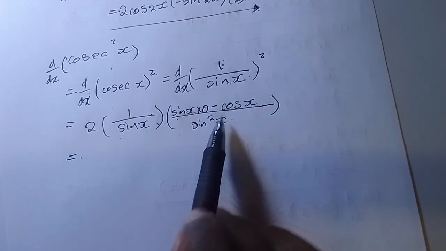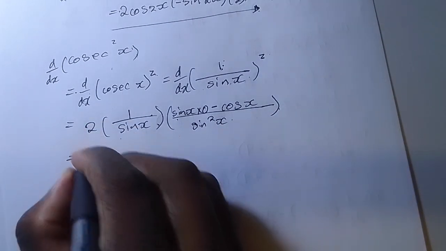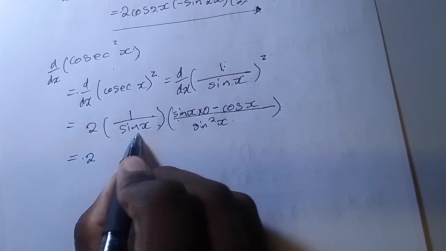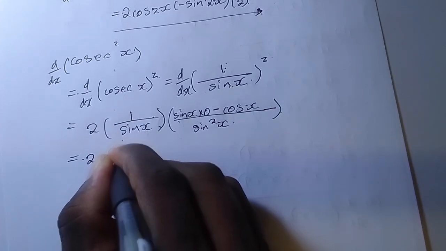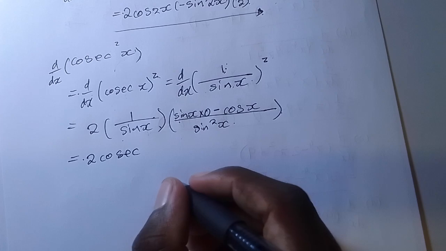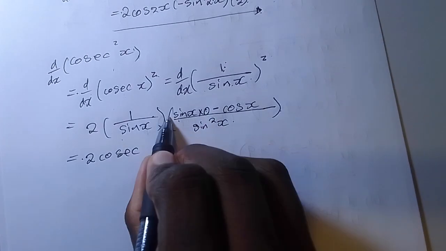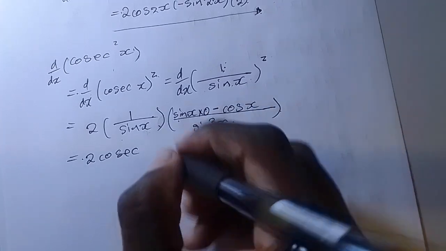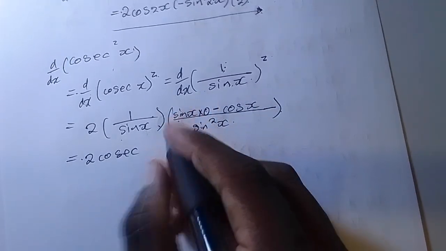Now, this, okay, let's continue. You have 2 times, this is cosec, right? Cosec. And then this goes away. We don't have this. We have cos x over sine squared x. So I want us to write it like this.